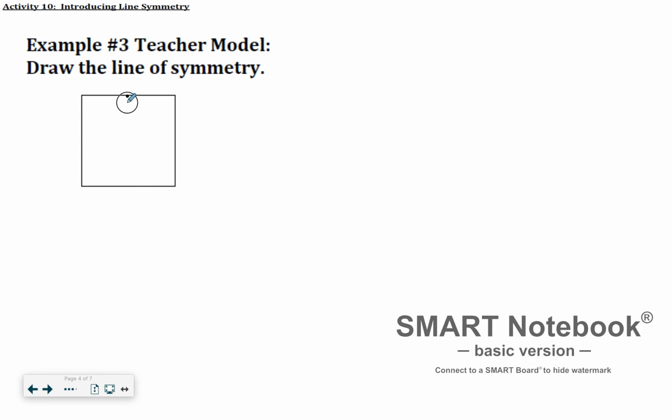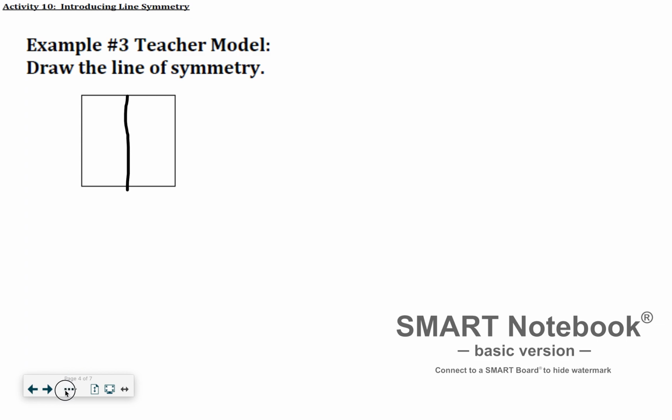So remember, it's not going to be perfect, especially because I'm on my computer. But if I fold along that line, both halves will be equal. They'll meet up with each other. If I could fold along this line, I would have two identical parts.